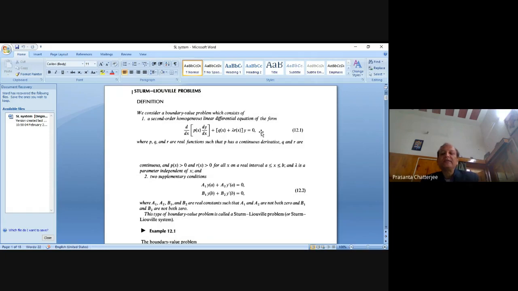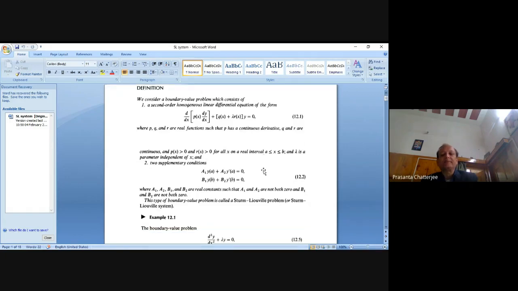So this second order homogeneous self-adjoint ordinary differential equation along with this boundary condition, this type of boundary value problem is called a Sturm-Liouville problem or Sturm-Liouville system.